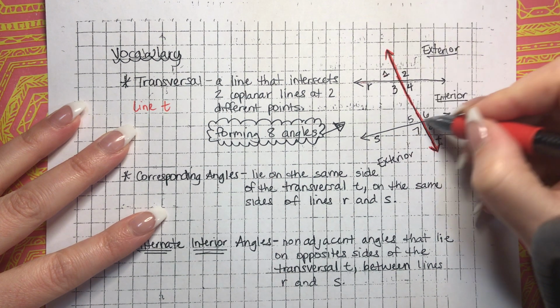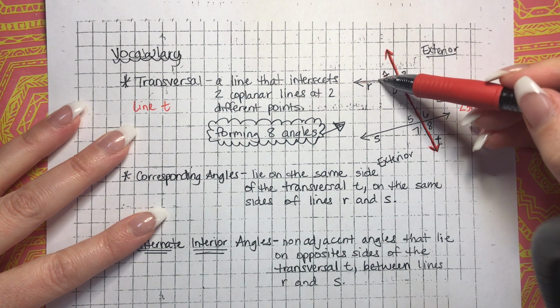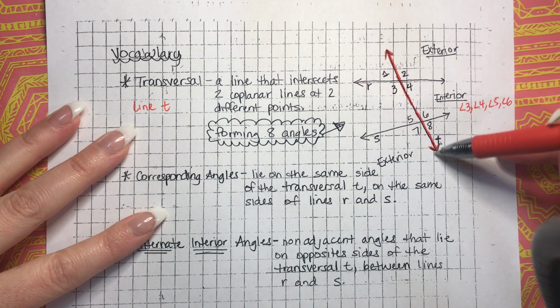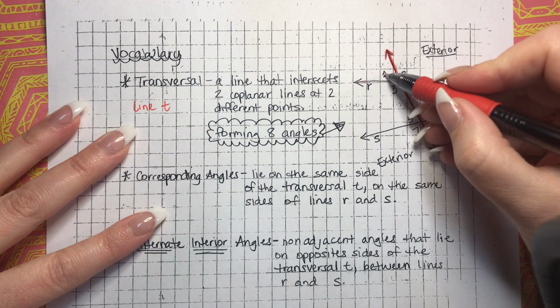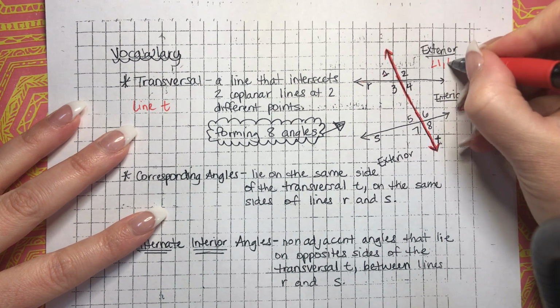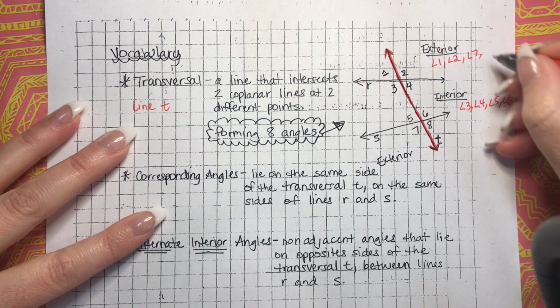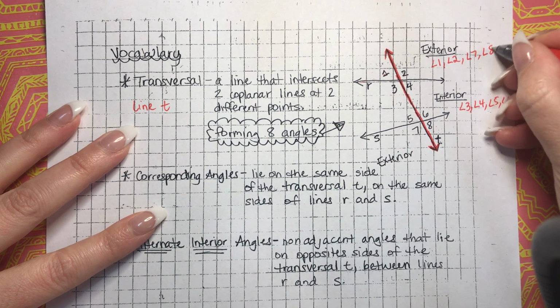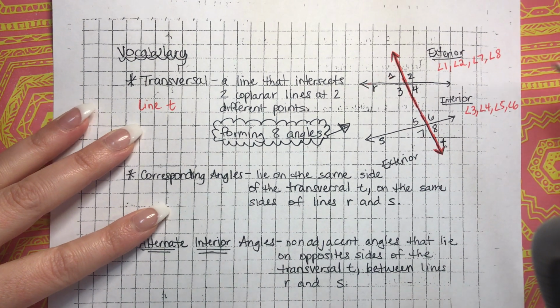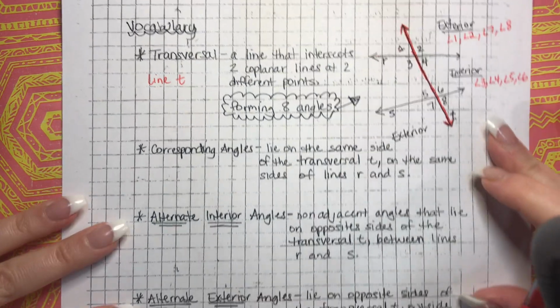Those are all interior angles. And these two lines, the angles on the outside would be called exterior angles. So angle 1 is an exterior angle, angle 2 is an exterior angle, angle 7 is an exterior angle, and also angle 8 is also an exterior angle. Okay, so that's important.